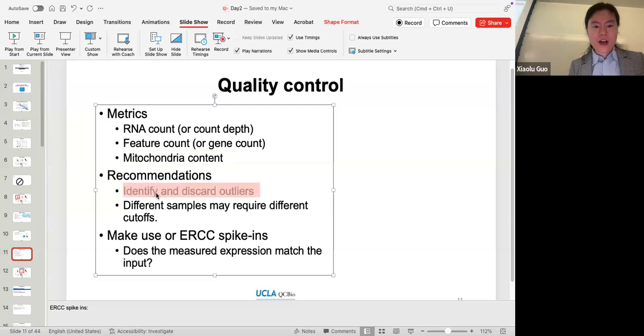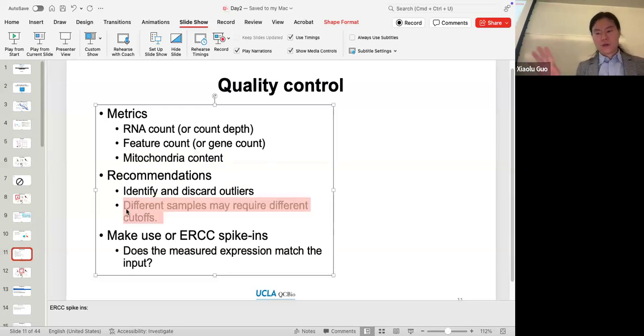We need to identify the outliers, so we need to define a threshold. One way is to use a quantile, like 97 or 95, depending on your purpose and on how the data is distributed. Different samples may also require different cutoffs, especially because their lab preparation differs, so they may have different qualities.